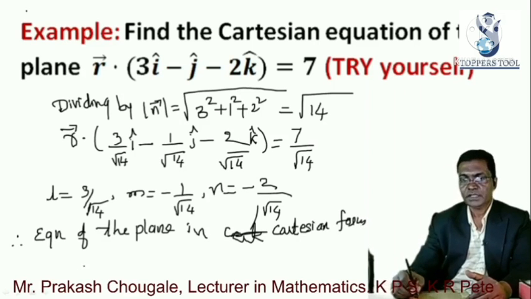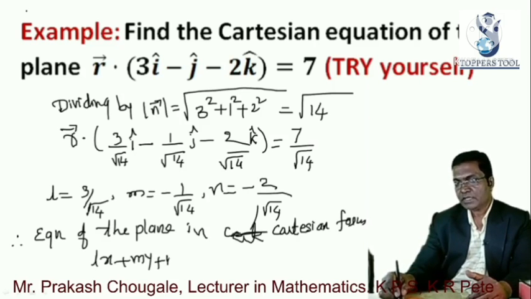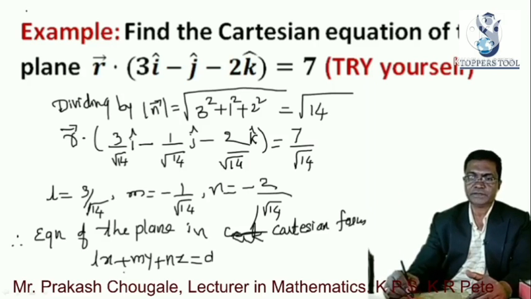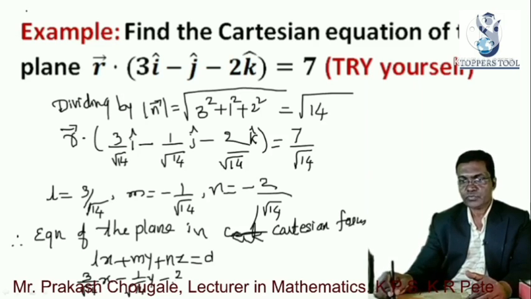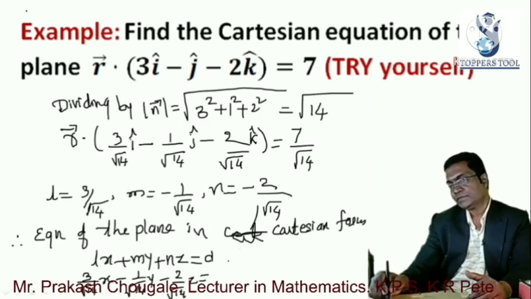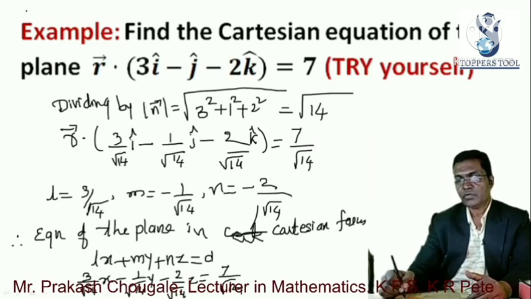What is it? It is Lx plus My plus Nz is equal to D. So substitute here. So we will get 3 by root 14 x minus 1 by root 14 y minus 2 by root 14 z equal to D, which is 7 by root 14.